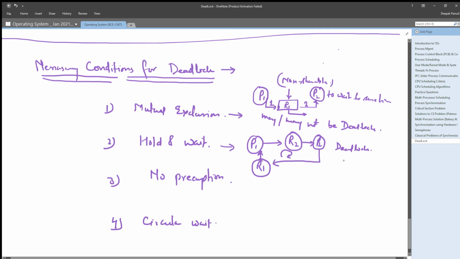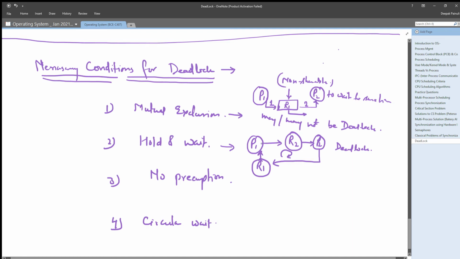That's why we can say that it could be a deadlock, but we cannot say that it will always be a deadlock. Maybe this locking will be there for some time, right? So what is happening here is that one process is holding some resources which are needed by another waiting process, right?